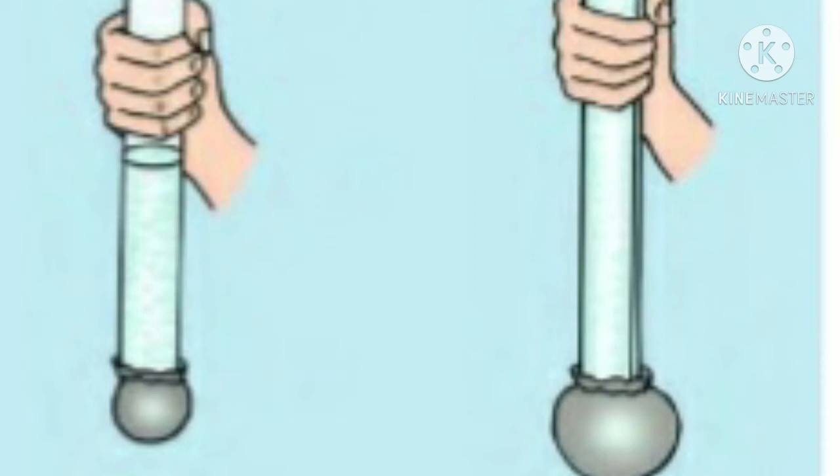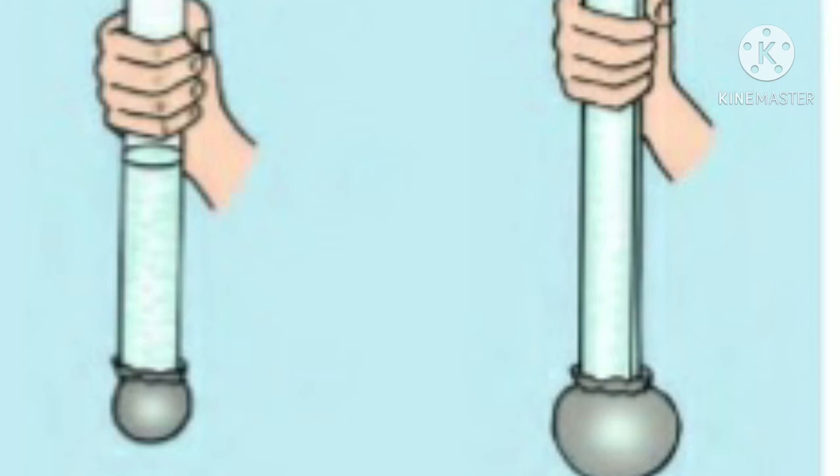Let us now pour some more water in the plastic pipe so that the height of water column in the pipe increases. We will find that as the height of water column increases, the bulge in the rubber sheet also increases, showing that the pressure of water on the bottom of its container has increased.